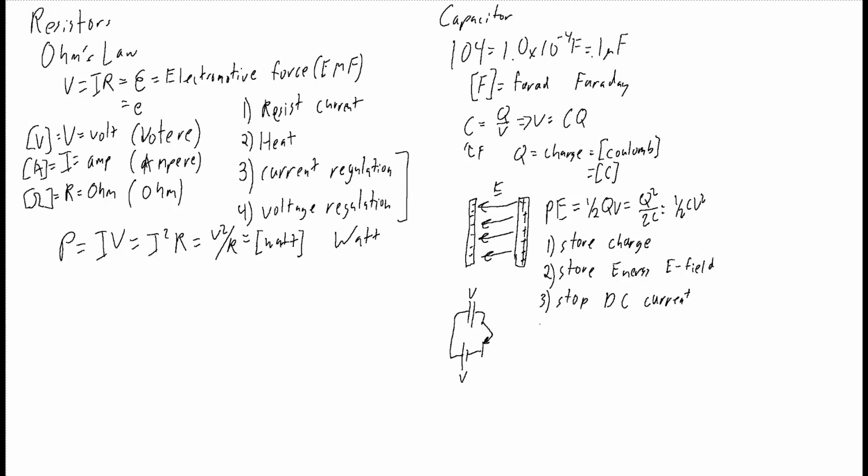But that also means that we can allow AC current. So this is basically a filter for AC current, because what the AC will do is apply a voltage to it, and it'll charge up, and then it'll discharge, and then it'll apply the opposite charge to it, and it'll discharge, and so it goes back and forth, back and forth, and it won't stop the AC because the AC will never charge up and keep it that way.